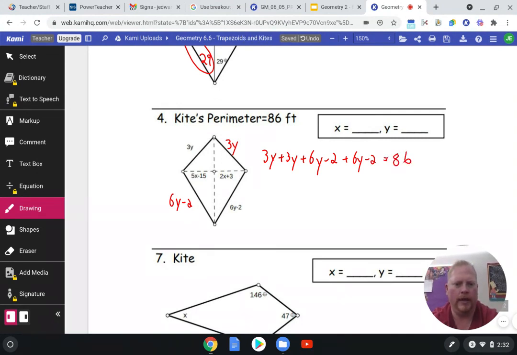Add up all the y's, add up all the other numbers, add the 4, divide by 18, boom, I've got what y is.